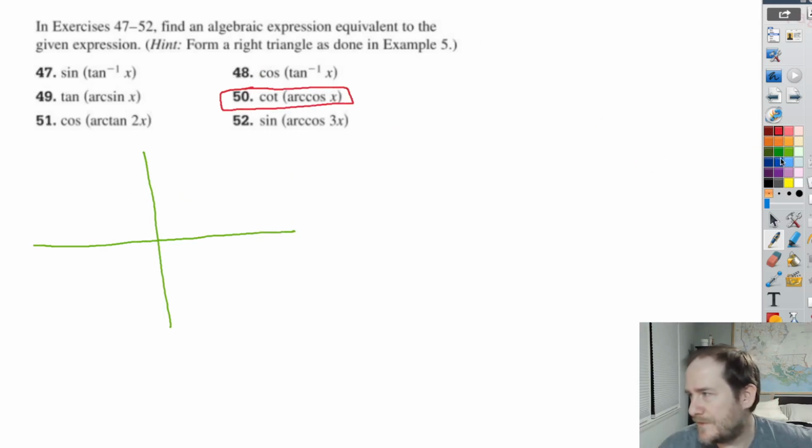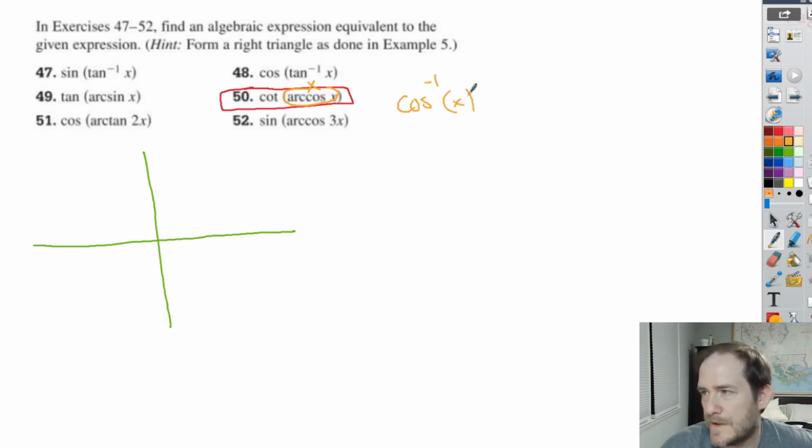If I'm doing 50, then you'd start with the arc cosine part. Cosine is the x coordinate over the radius. So if you're doing the inverse cosine of x, then that's some angle theta. And you know that angle theta is the angle such that the cosine of theta would be x over r.